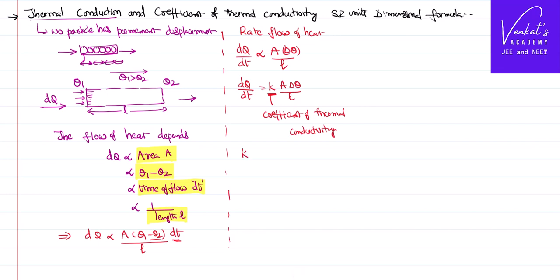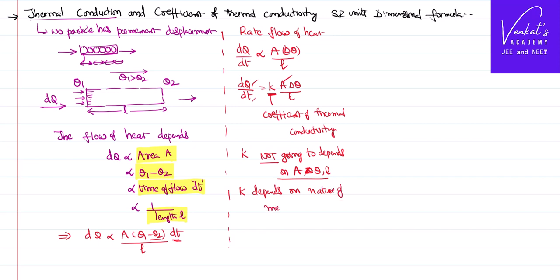So that K is not going to depend on any of the quantities mentioned there, like area, delta theta, or L. Because if you change area, dq by dt will vary, but not the value of K. K rather depends on the nature of that solid material.